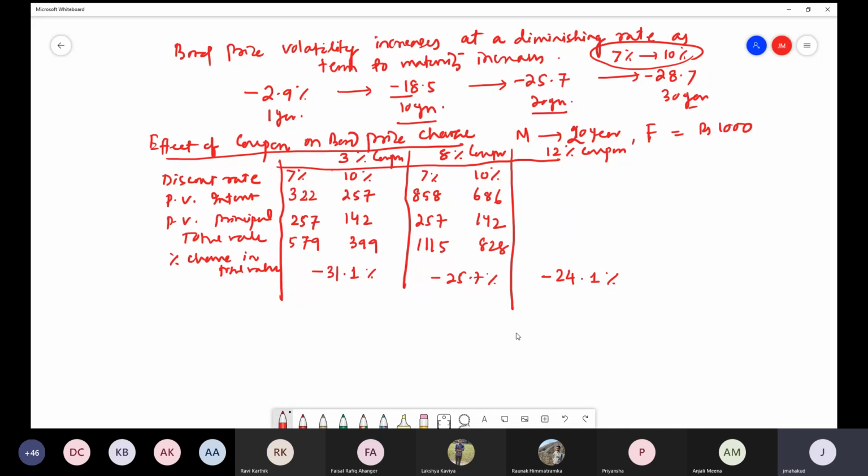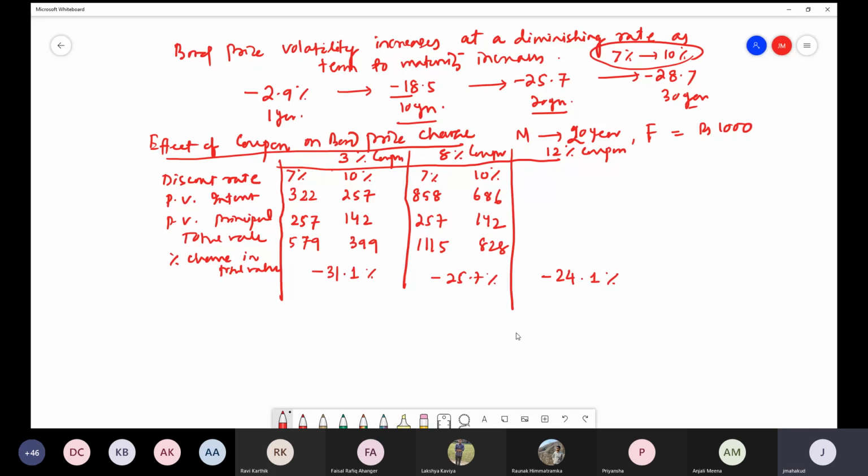That means if there is an interest rate change, bonds having low coupon rates will show higher or greater price sensitivity in comparison to the bonds having high coupon rates. The bonds having high coupon rates will show lower sensitivity in comparison to the bonds having low coupon rates.